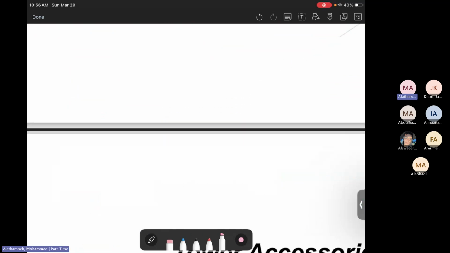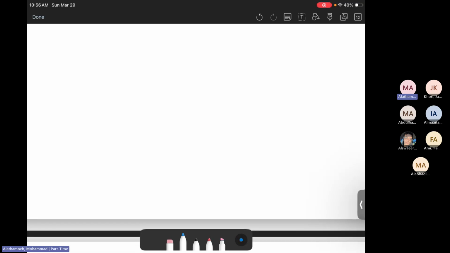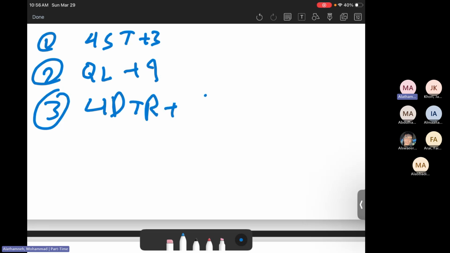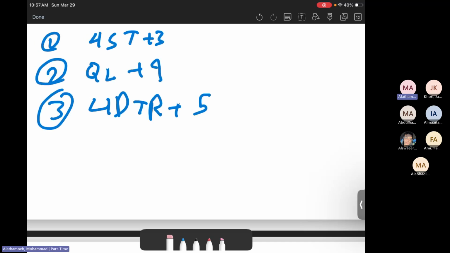Before I go to the tower accessories, let's have a quick recap with some examples. Assume you have a 4ST+3. What does this mean? The other one, QL+9. Then the other one, 4DTR+6.